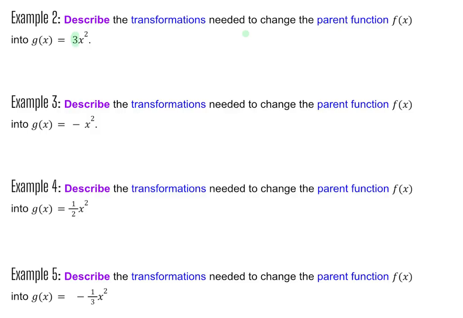So this means that my A value is 3. Because my A is a positive number, then it opens up. There's nothing extra happening. However, it's a whole number. So this is going to mean it is a vertical stretch because it is getting skinnier.